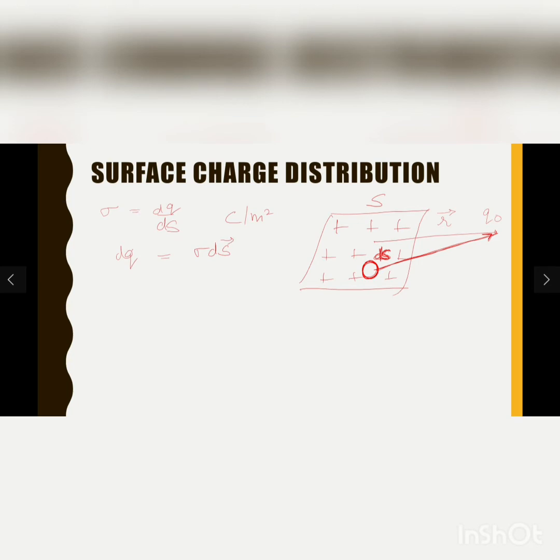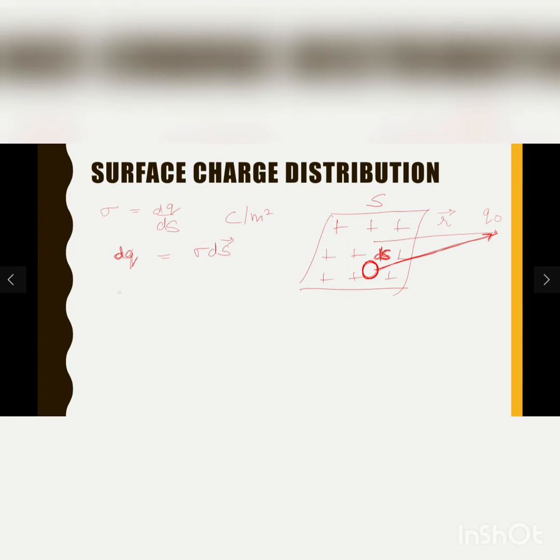Now, knowing the value of dq, I can easily find the net force exerted, because for this small amount dq, which acts as a point charge, I can apply Coulomb's law of force.